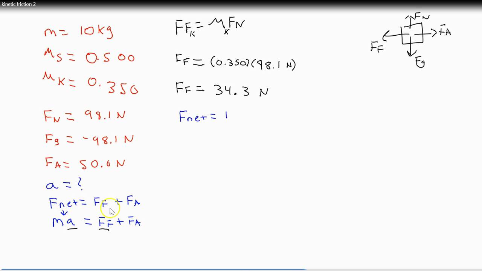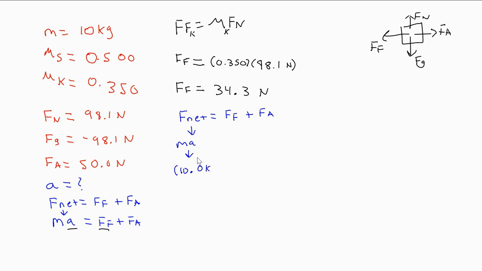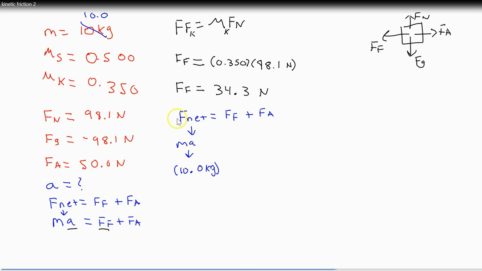Going back to our net force equation, in which we found the net force is the force of friction plus the applied force, and again realizing that the net force can also be written as mass times acceleration, I can now plug in some values. I know my mass is 10.0 kilograms. I don't know my acceleration.